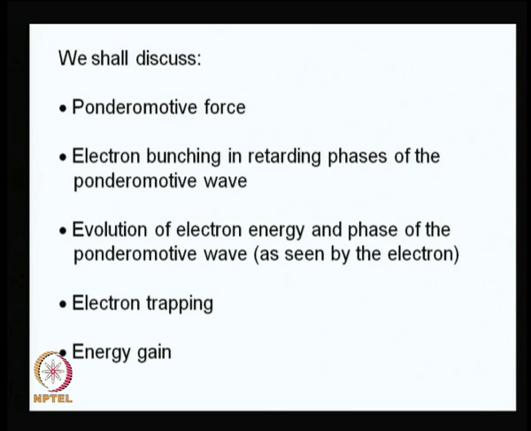And then we would like to learn how the electron energy and phase of the ponderomotive wave as seen by the electron evolve in time or in space as the beam travels. We shall also discuss electron trapping in these potential energy minima and have some estimate of energy gain.